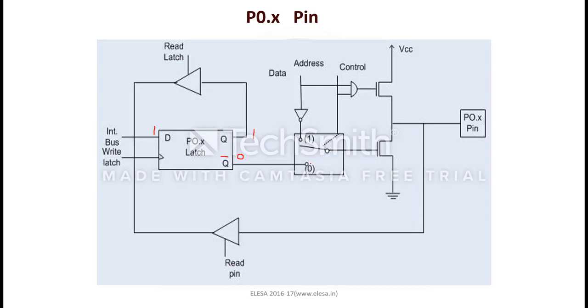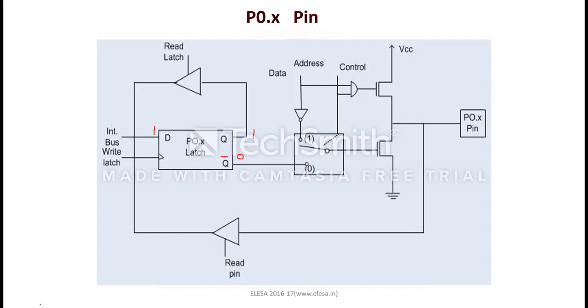Due to the 0 output given to the MOSFET, the MOSFET will be turned off. Because the control pin is 0, the above MOSFET is off, and due to the 0 input given to the lower MOSFET, it is also off. So the output is neither at 0 nor at high. It is at the third state, that is high impedance state.